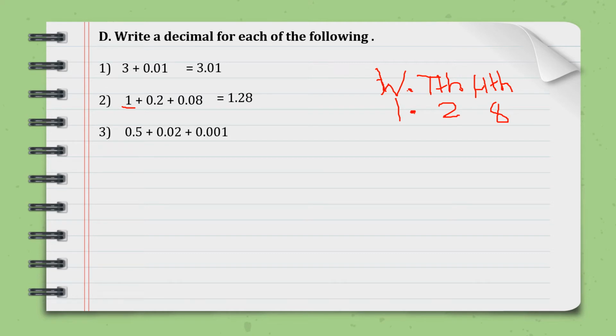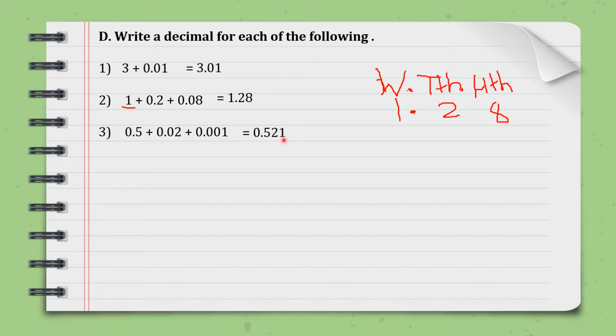Now the third example is 0.5, 0.02, 0.001. All are decimal numbers? Yes. Can you see a whole number over here? As it was 3 here, 1 here. So here is no whole number. So what you can write down here is 0 point. Now 10th place, 5 is there. 100th place, 2 is there.